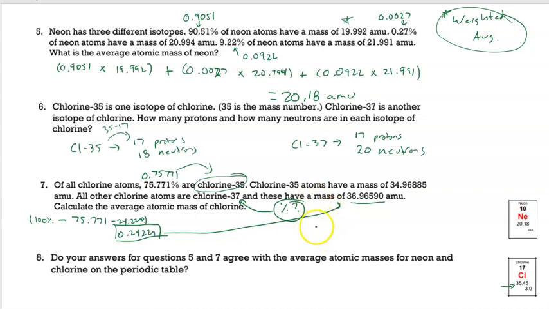All right, so now that I know my abundance in decimal form for both isotopes, I'm just going to do my weighted averages just like I did for number 5. So I have 0.75771 times 34.96885 plus 0.24229 times 36.96590.